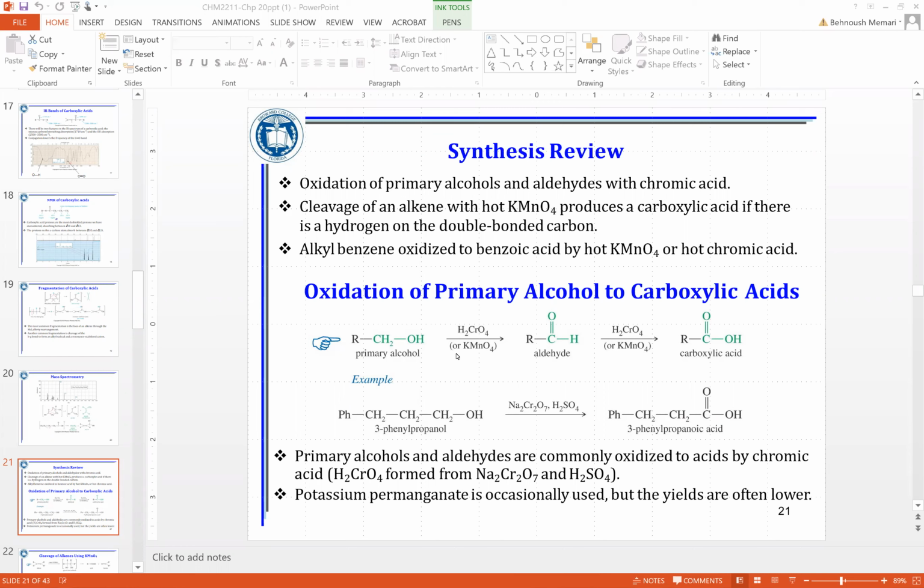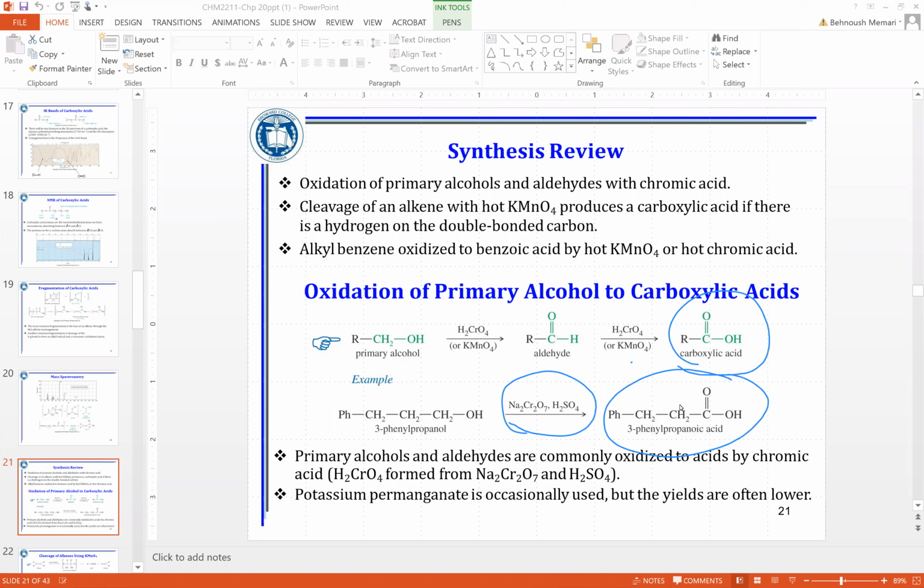But if you use a strong oxidizing agent like chromic acid or permanganate, the oxidation would continue all the way to carboxylic acid. So using primary alcohol with a strong oxidizing agent would yield carboxylic acid.